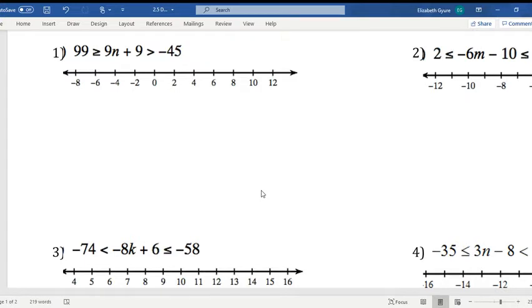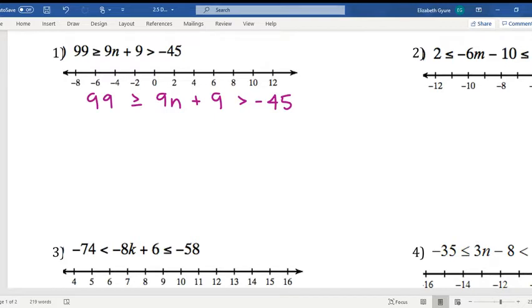Good, so we have the inequality 99 is greater than or equal to 9n plus 9, which is greater than negative 45. No, technically you would have to write it as two completely separate inequalities. It would be 9n plus 9 is less than or equal to 99 and then you'd have to write the other side.